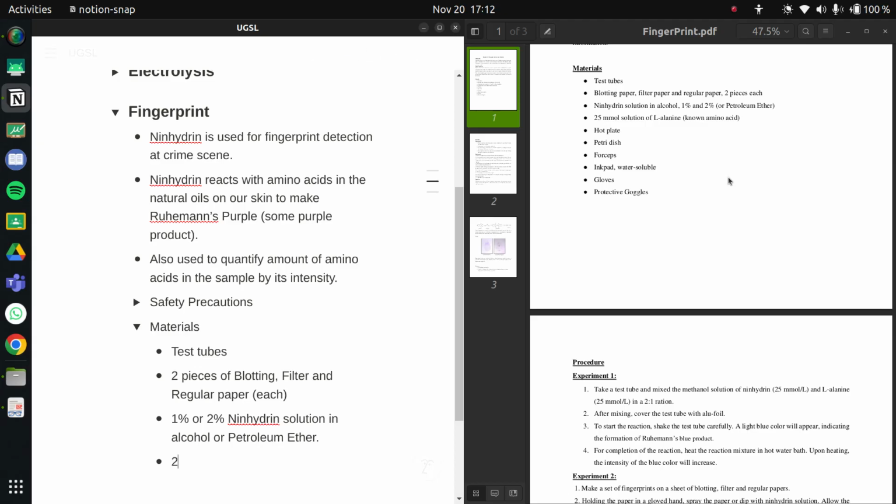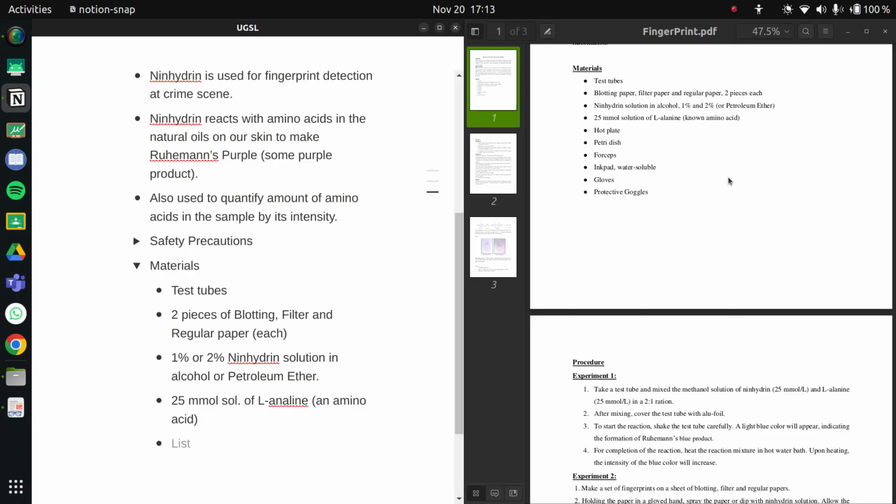So 25 millimolar of L-alanine. This is an amino acid. Wait, why do you need this again? Why do you need a solution when in the end you have to use your fingerprints?